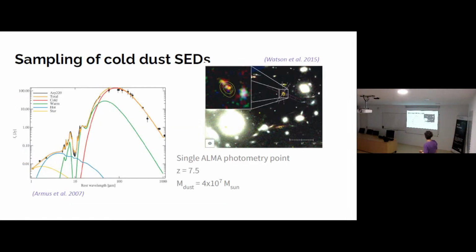But in some cases, only a single ALMA photometry point was being used, for instance in this galaxy at z equals 7.5, where basically the temperature and the beta were assumed to determine the dust mass of 4 times 10^7. And this was supposedly a normal galaxy, as far as that exists at redshift 7.5.